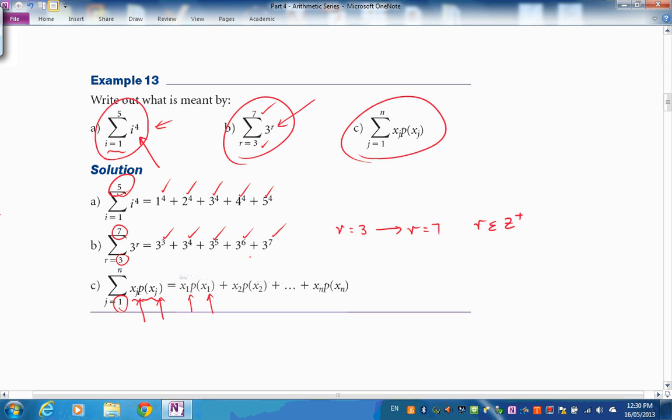This is actually a formula for expected values in probability. We'll see this later on. So the next one is x2 times p of x2, xn times p of xn. So it's just a substitution in of the lower value of j up to the higher one, remembering you're going up in integral values with this notation. So it's quite a handy way of summarising lots of terms to be added.